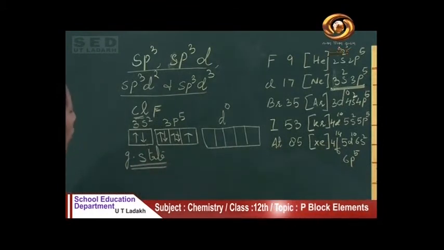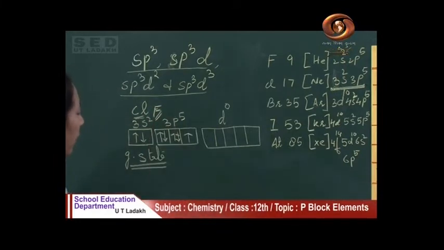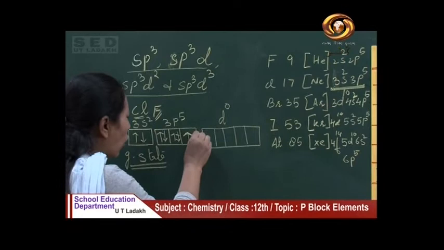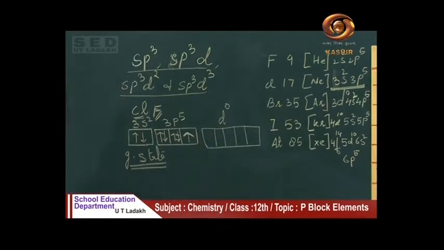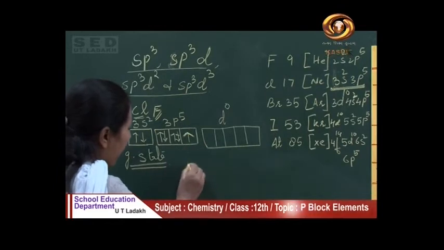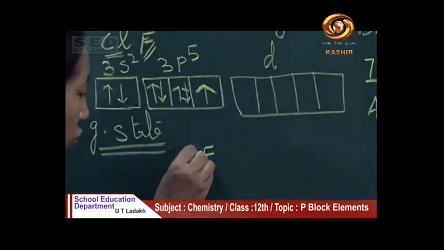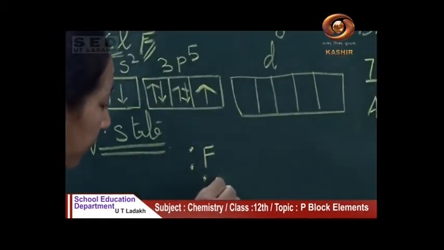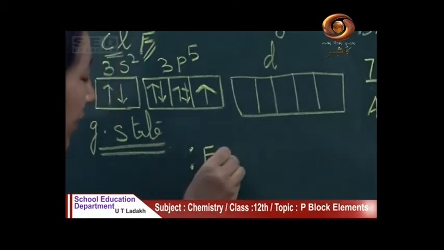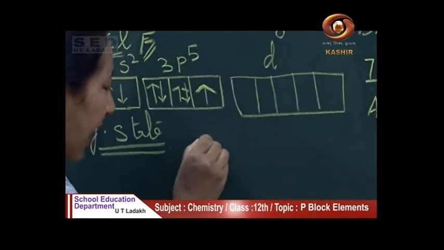So in the reaction with F, the electron need not be excited for the structure. F has 7 electrons in its outermost shell, and the electrons are distributed like this: 1, 2, 3, 4, 5, 6 and 7.